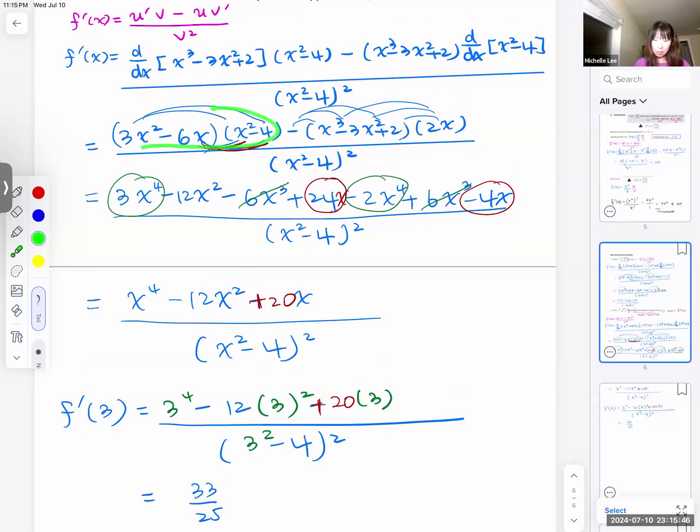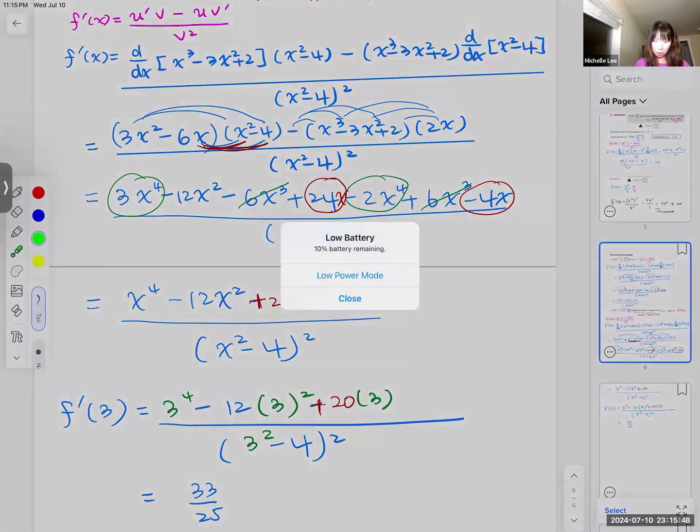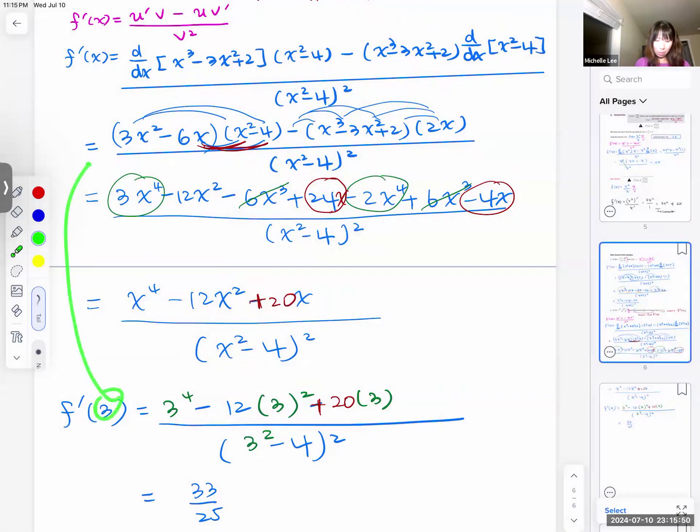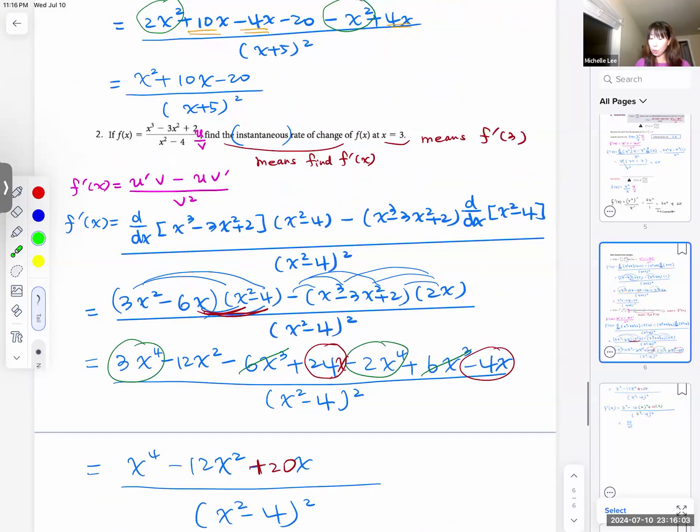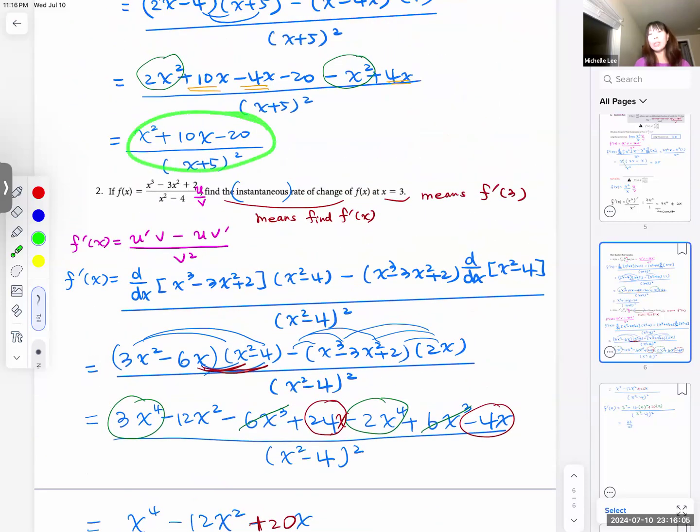So here we can just substitute 3 into there, then calculate. So we get 33 over 25. If we don't have to substitute, then we have to make a nice form, the simplest form.